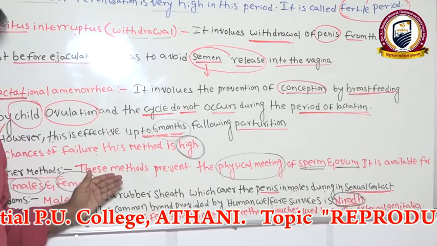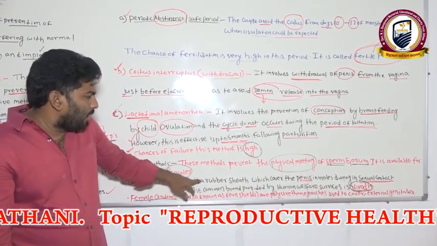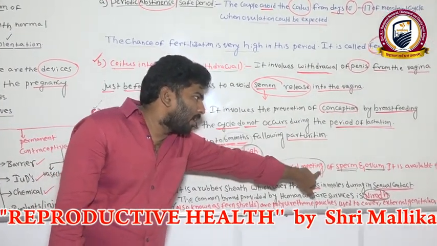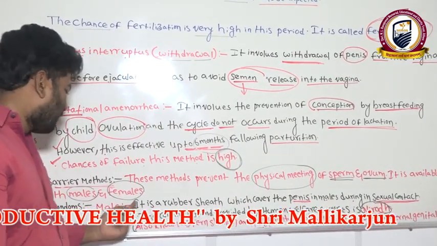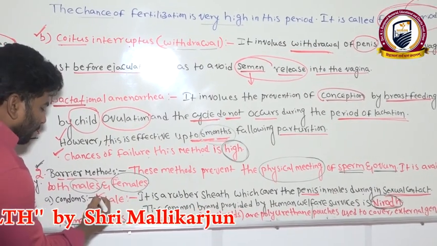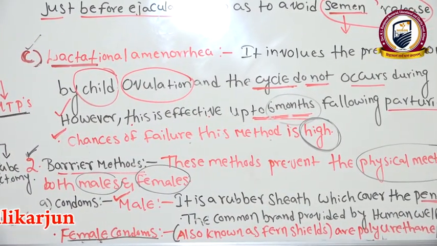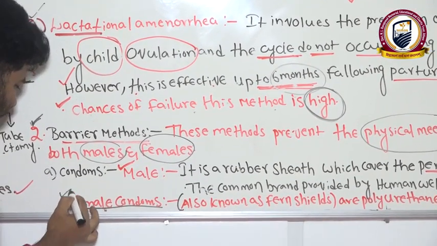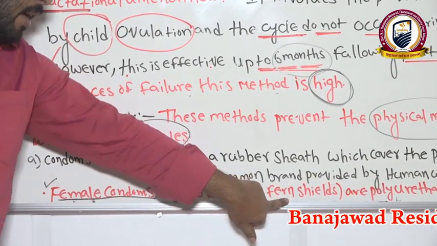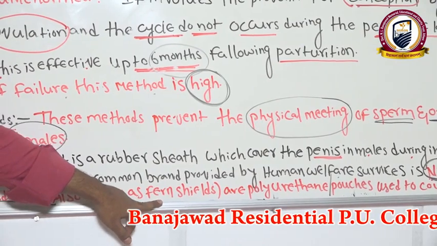This male condom effectively works as a barrier method, preventing the physical meeting of sperms and ovules. That is done by the male condoms, and it will even prevent sexually transmitted diseases. Now the next one, the female condoms. Female condoms are also called Femshields.